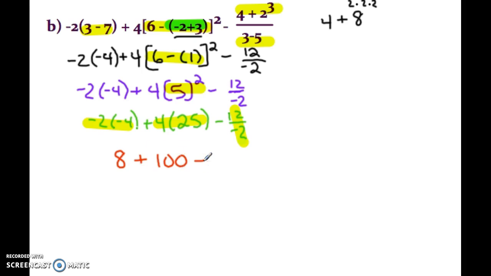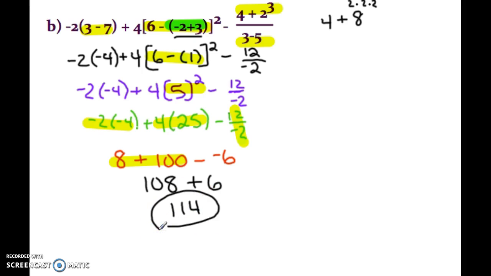Minus 12 divided by negative 2, that's negative 6. And now I'm going to add and subtract left to right. So 8 plus 100, that's first. That's going to be 108. And then I have 108 minus negative 6. Remember, that's the same thing as 108 plus 6. And we get 114. Whew, that was a tough problem.